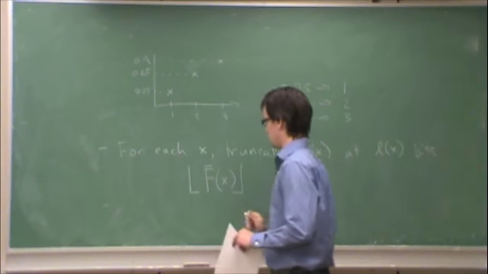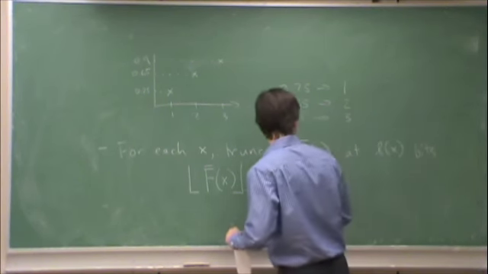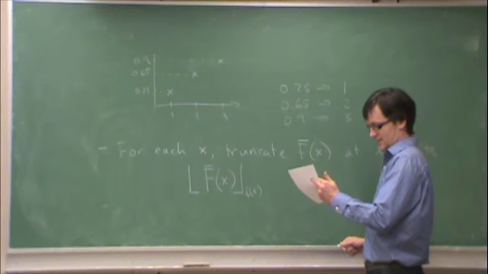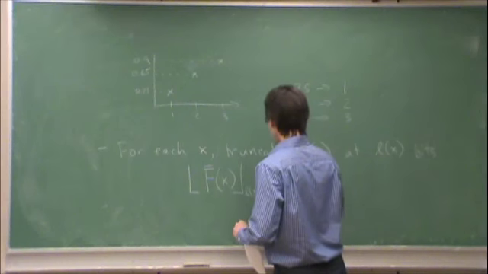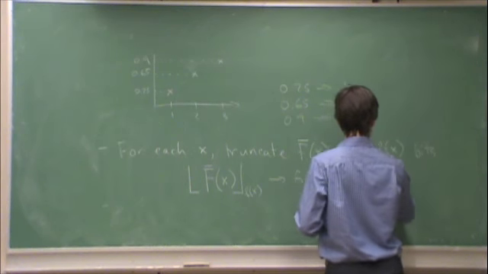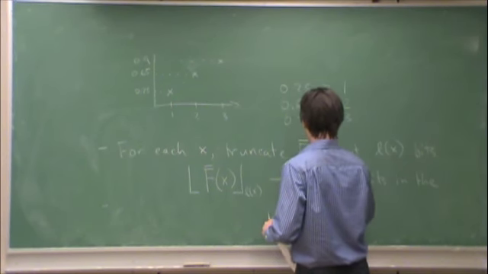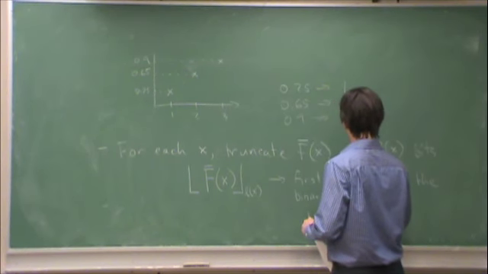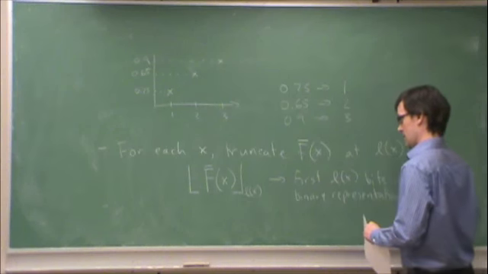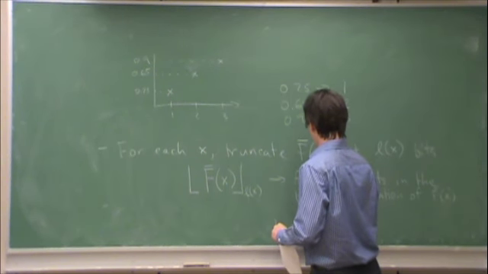So f-bar of x floor is the smallest integer less than f-bar, but I'm going to modify this notation with L of x, like so, and that is the first L of x bits in the binary representation of f-bar of x after the decimal point.